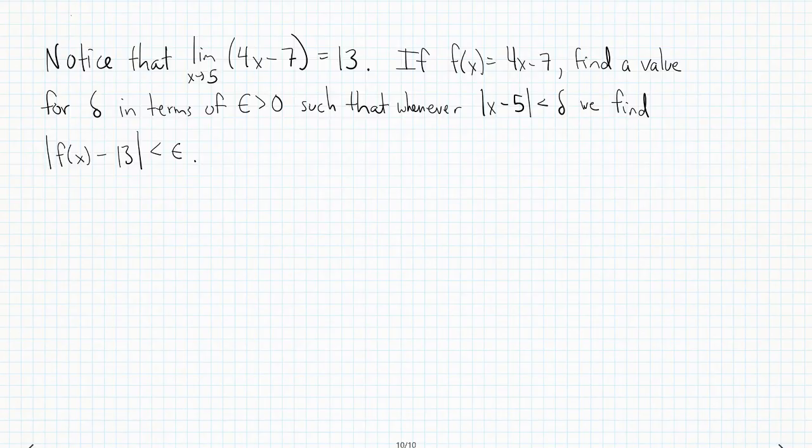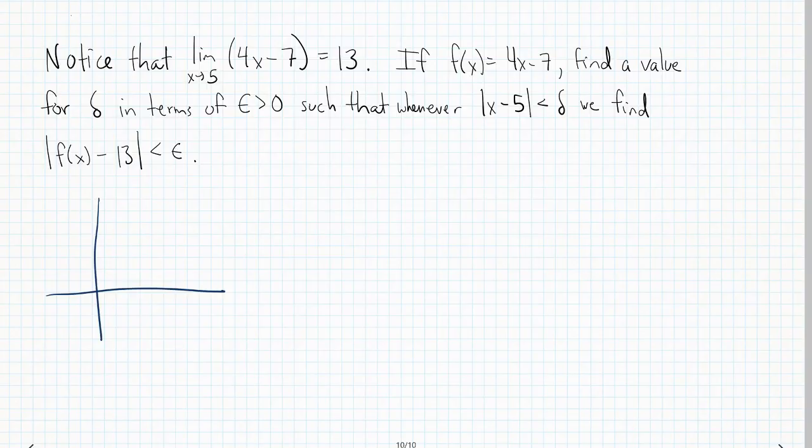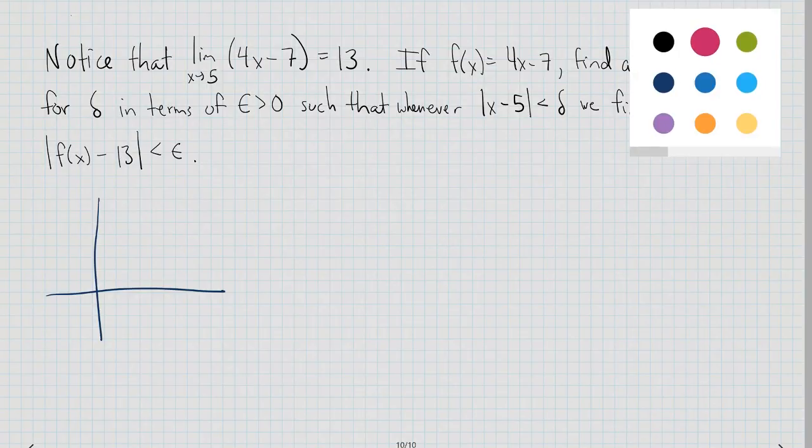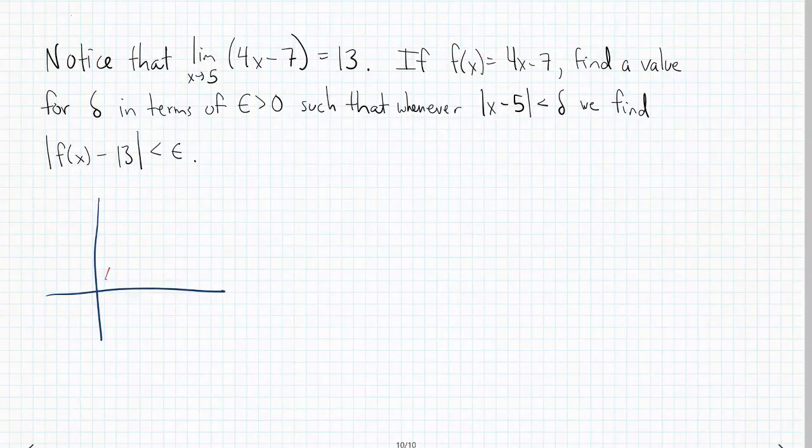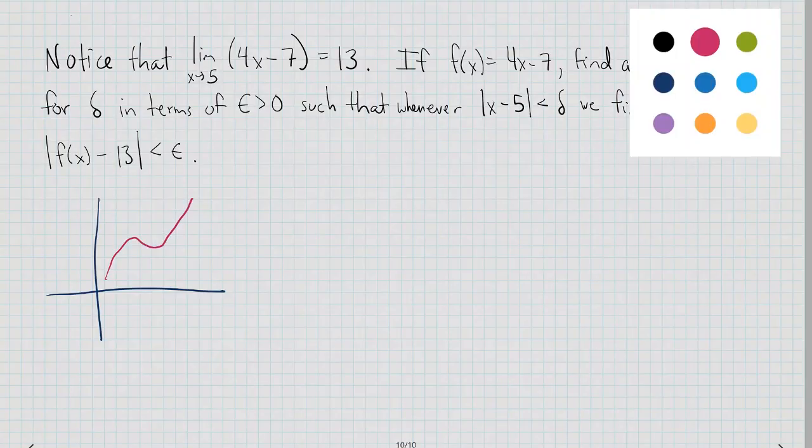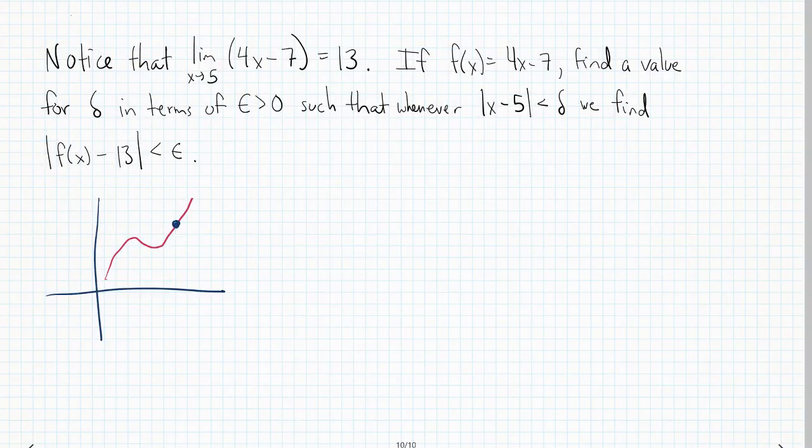So here's the whole idea. In general terms, let's say you have some function, right? We'll draw the function. Who cares what it looks like? This one's obviously linear, so it's not going to be that bad. But say you have some point. We have c, and we have f of c.